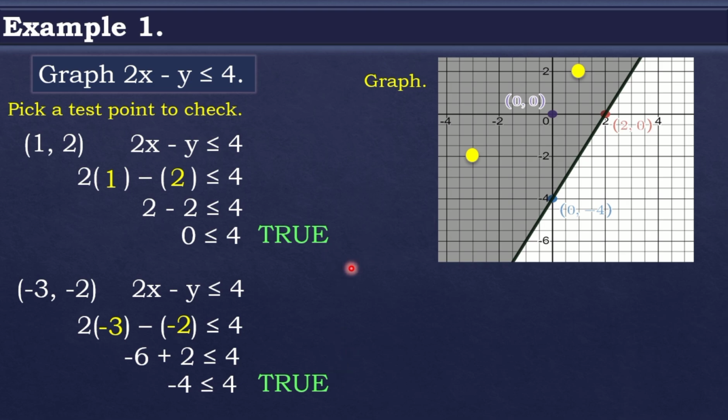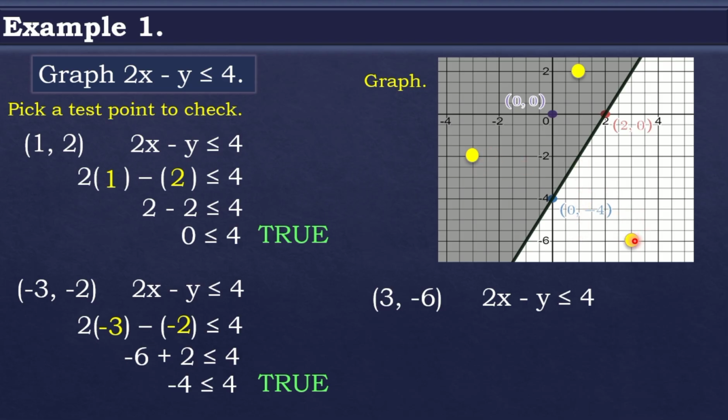Next, let's try to kuha tayo ng isang point na wala dun sa shaded region. So, check lang natin. Subukan natin. So, dapat mag-false. Kuha tayo ng isa. So, ito. 1, 2, 3. Ito, 3, negative 6. So, kuha tayo ng (3, negative 6). Okay. So, dapat mag-false to. Tingnan natin ang result. Kasi, hindi siya part ng shaded region.